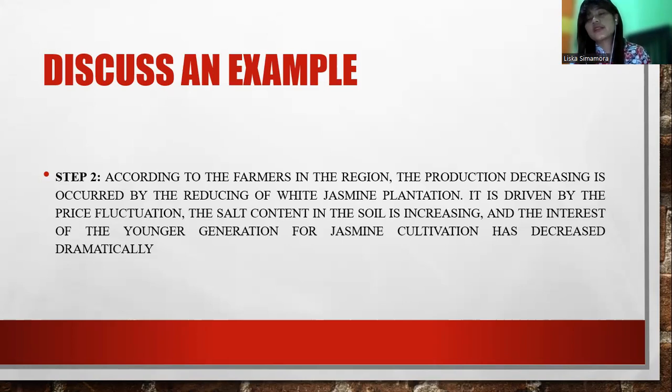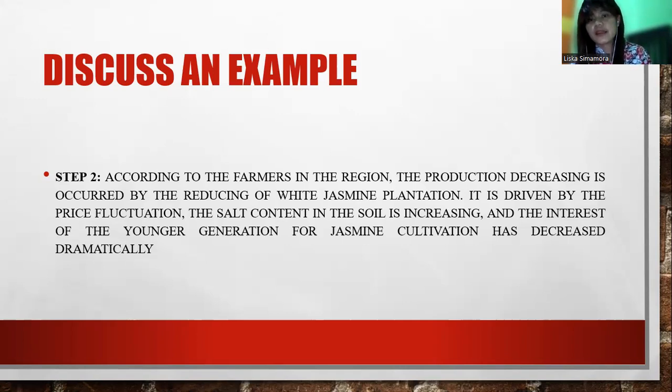Through our observation, we saw that the young people there prefer to work in industry, such as the manufacturing industry. They love to work there because their payment is stable.